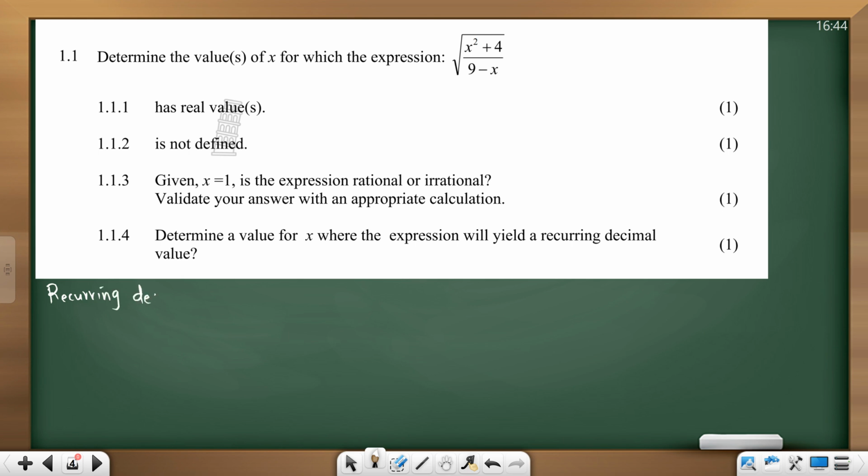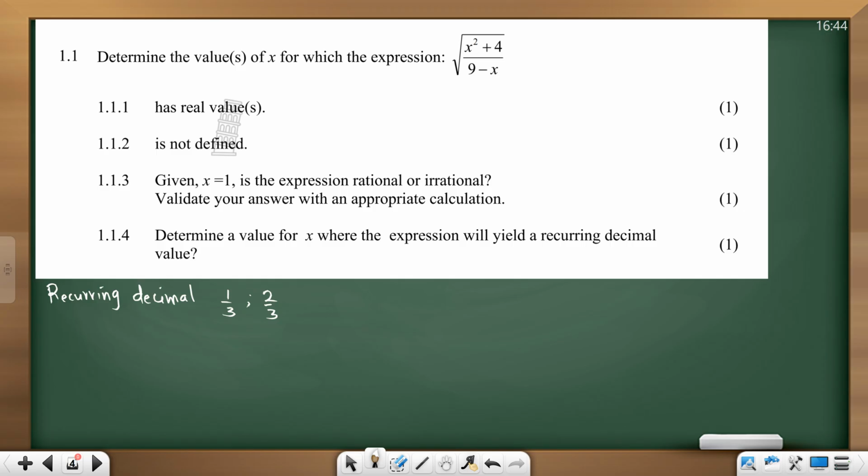That the number keeps recurring. What comes to mind quickly will be things like 1 over 3, because that's 0.33333. Another example, 2 over 3, 0.66666666. So those are basic numbers. Anything that would give me this, 1 over 3, 2 over 3, these are just a few examples.